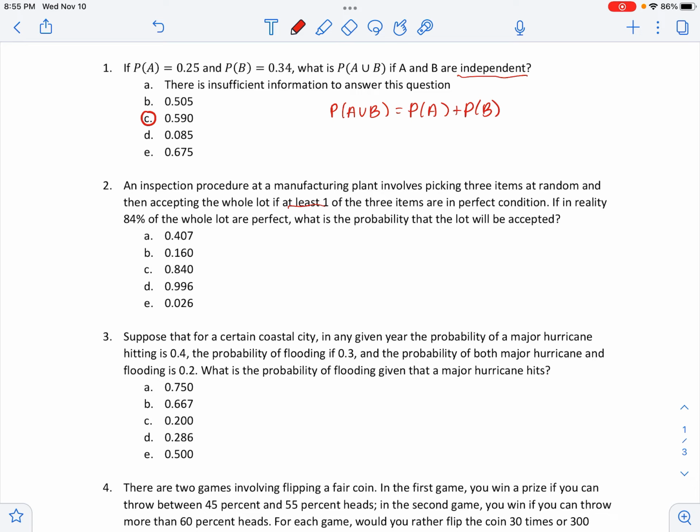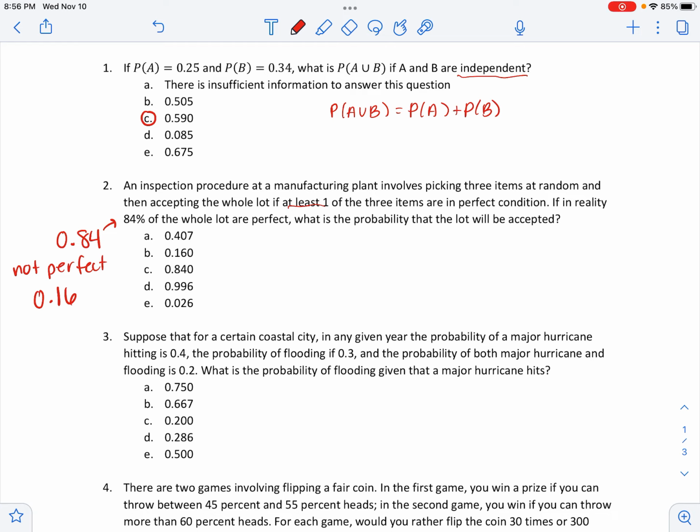So first thing I want to see here, the probability that it is perfect is 0.84, which means that the probability that it is not perfect is 0.16. Okay, so that's the probability that one lot is not perfect.